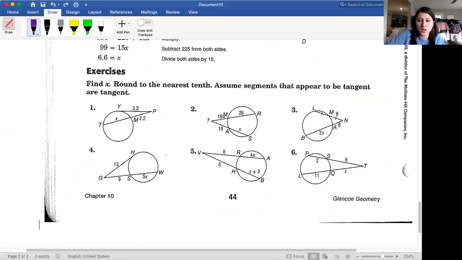So number 2 is our first example where we have the parts. Before you actually work out your equation, you really do need to find the sum of the entire length first. And so 16 plus 26 is 42.